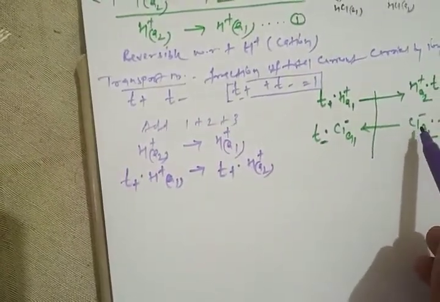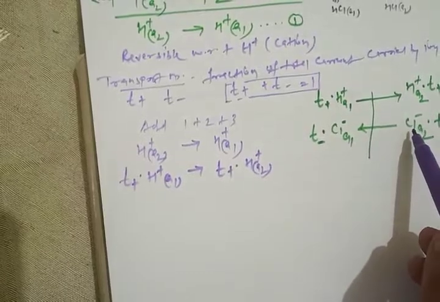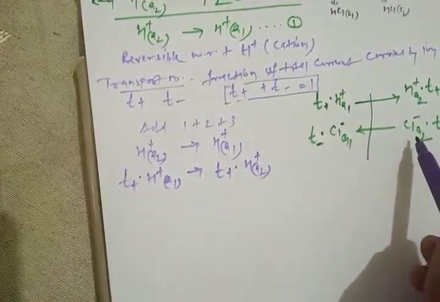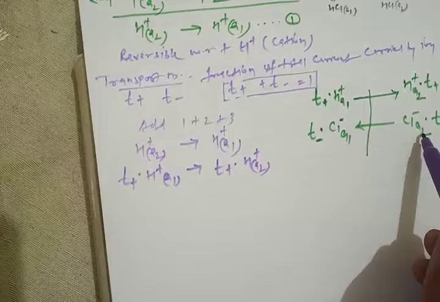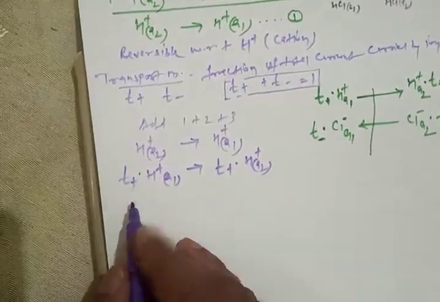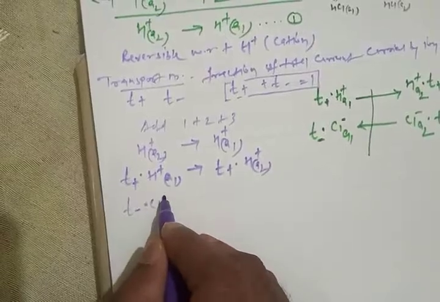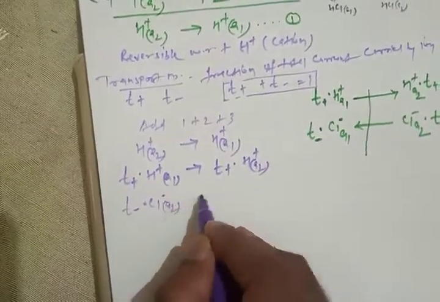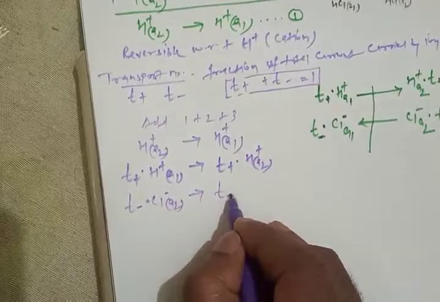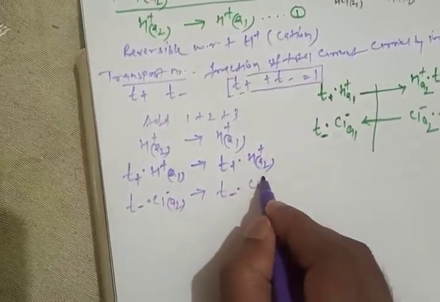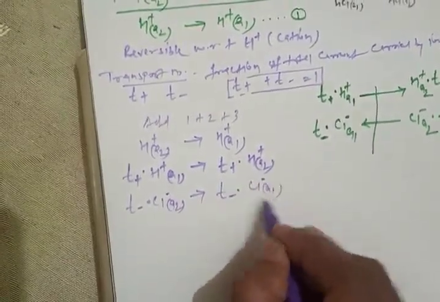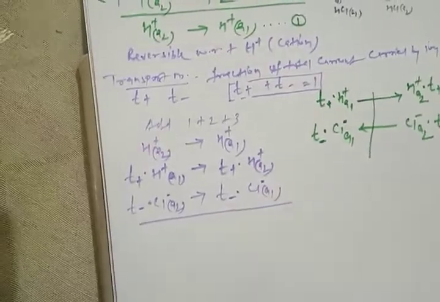Okay, so here you have to take care: A2 to A1. So this is T minus Cl minus A2 to T minus Cl minus A1, and then we'll add all these three.